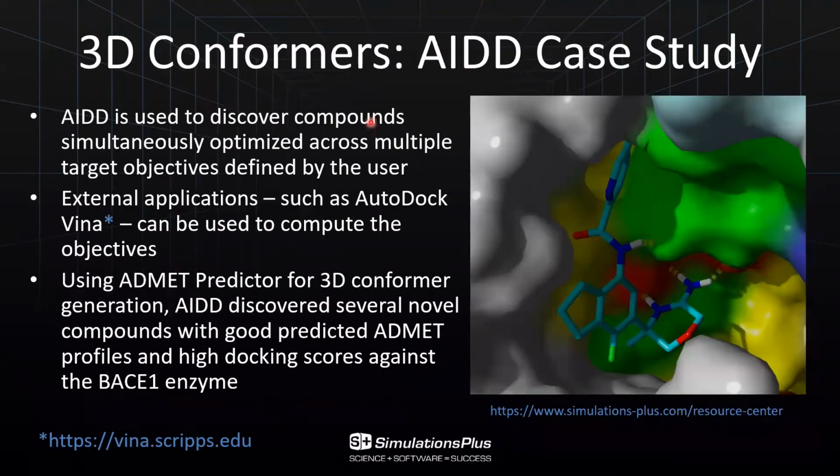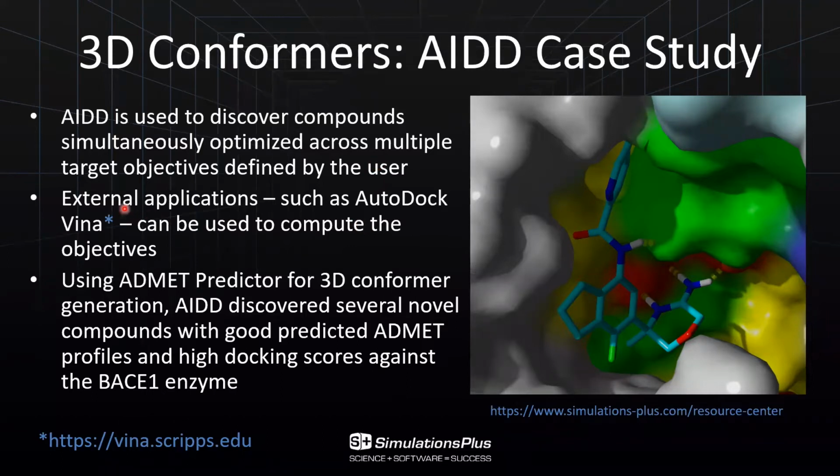At the recent Simulations Plus MIDD conference, my colleague Michael Lawless presented a case study that made use of the new 3D conformer functionality. The study was based on our recently introduced AIDD module. AIDD is used to discover compounds simultaneously optimized across multiple target objectives that are chosen by the user.